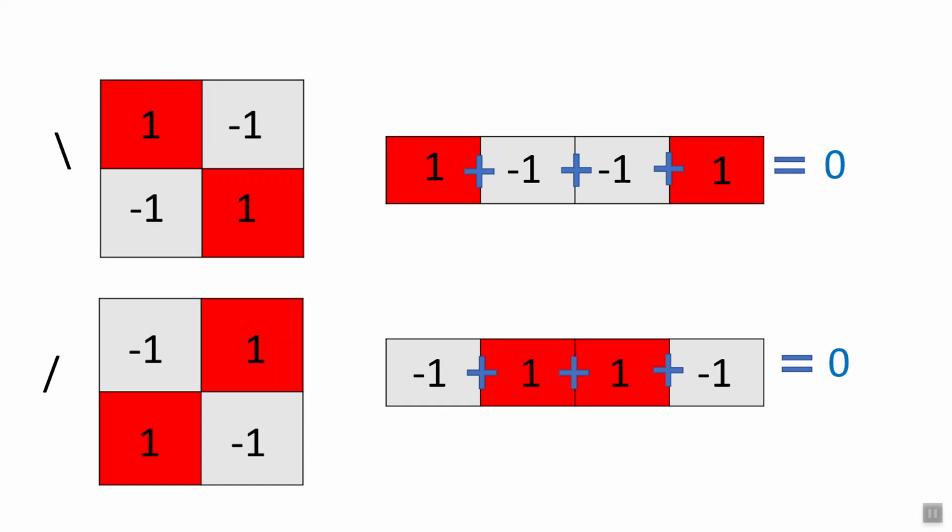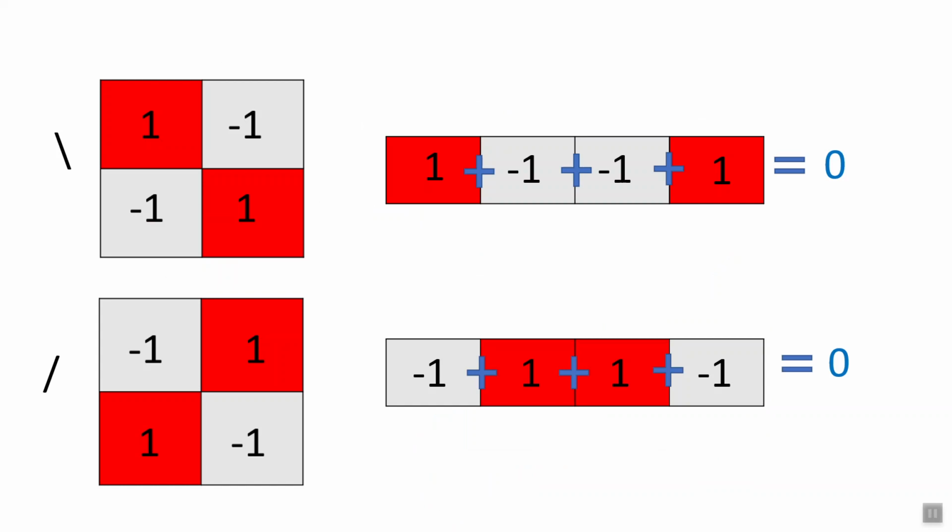So we get a 0 value. Similarly, for the second image, -1 plus 1 plus 1 plus -1 also gives the 0 value. So both the values are the same, and it is not good enough to really separate these images.